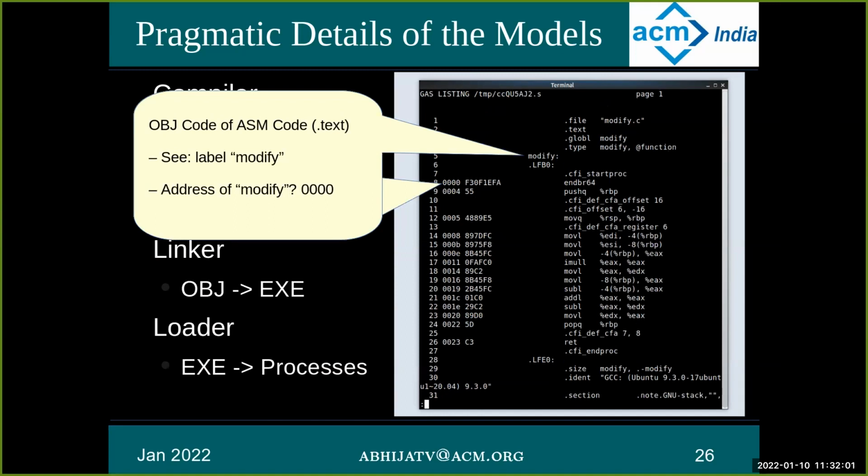Somewhere that modify label did exist. Fine, it's in some other file, modify.c. That is why you see it as address 0, even if it's a text section. The natural question would be, how can the text section have an address 0? I already saw that. But that was in a different file.